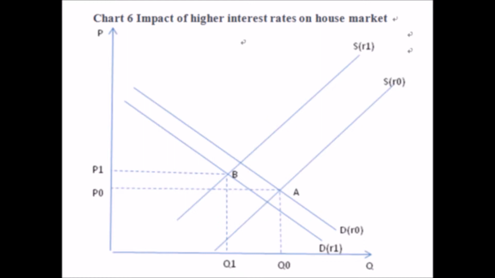This will shift the supply of houses from SR0 to SR1. At the new equilibrium point B, as the price increases, the quantity of houses will decrease from Q0 to Q1.